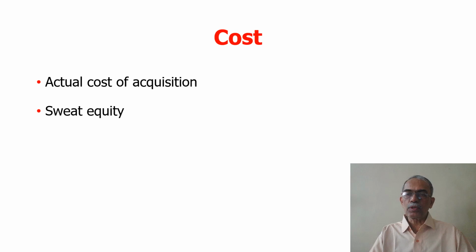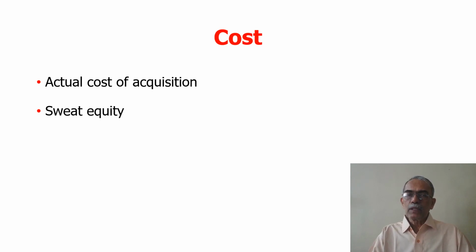So in order to reward this R&D team, if the company has issued certain equities, that is called sweat equity, and generally this sweat equity will be issued to the employees at no cost. Employees will be getting it free of cost. So if later on the employees sell such equities, what would be the cost? Will it be nil?